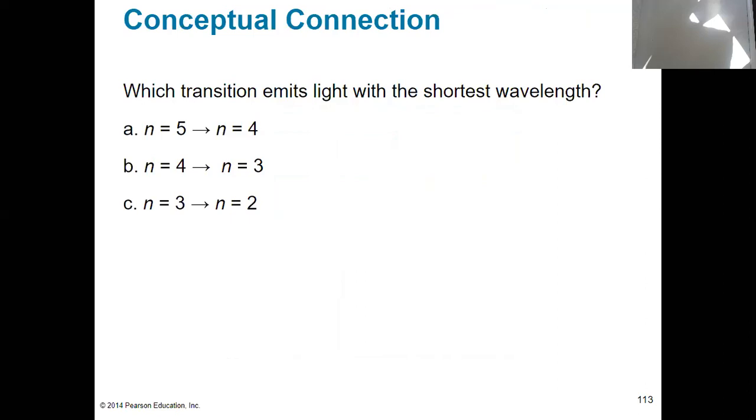So if we wanted to know which transition emits light with the shortest wavelength, what does the shortest wavelength mean? Shortest wavelength means the highest energy. The highest energy means a transition that happens closer to the n equals 1 level. So the biggest transition between all of these options is the transition from n equals 3 to n equals 2.